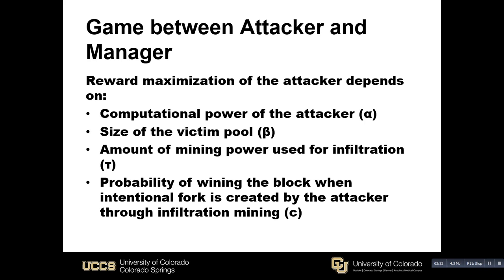That is tau, and the last factor is C, the probability of winning the block when there is a fork, the chance that the attacker wins that fork. A fork is when two branches of the blockchain happen.